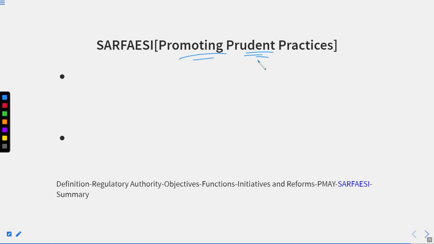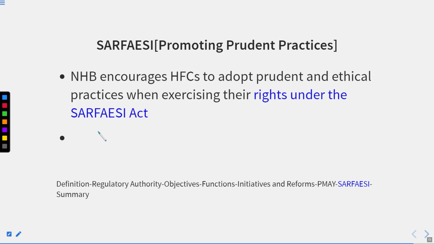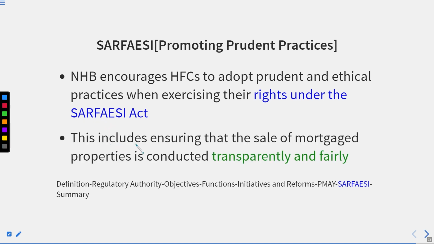Promoting prudent practices. Prudent, in the previous lecture also I had told you, stands for cautiousness. NHB encourages HFCs to adopt prudent and ethical practices when exercising their rights under the SARFAESI Act. This includes ensuring that the sale of mortgage properties is conducted transparently and fairly.